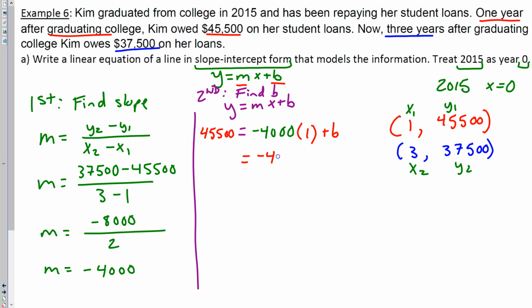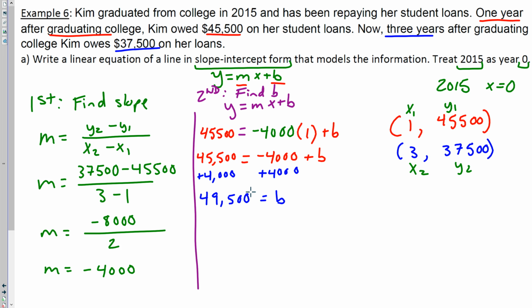So negative 4,000 times 1 is negative 4,000 there. And I need to solve for b, so that means I need to add the 4,000. And so b is 49,500.